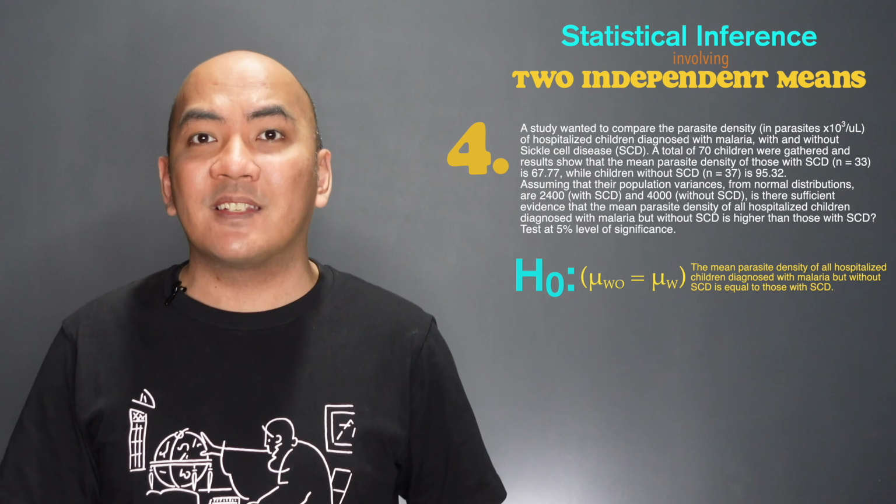All we have to do is to substitute the values for x bar sub 1 and x bar sub 2, which are 67.77 and 95.32. For mu1 minus mu2, again, it's not given, but under the null hypothesis, it's assumed to be equal, so that is 0. For sigma squared sub 1, that is the variance of children with sickle cell disease, so that is 2,400.